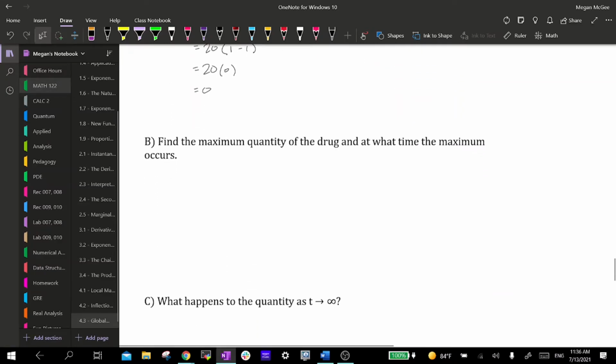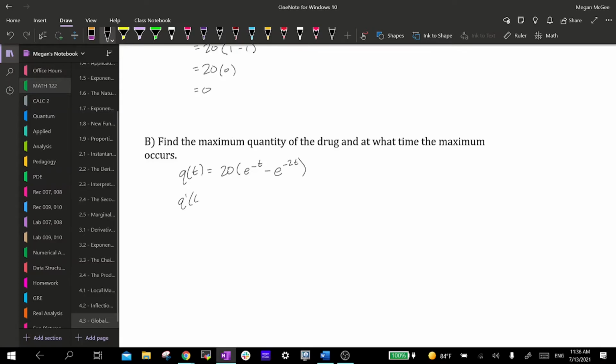Part B asks us to find the maximum quantity of the drug and at what time the maximum occurs. All right, so finding a max or min always has to do with taking a derivative. So let's go ahead and take this derivative. So Q of t is this 20 times e to the negative t minus e to the negative 2t.